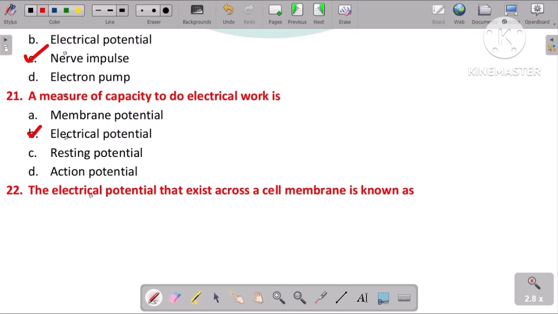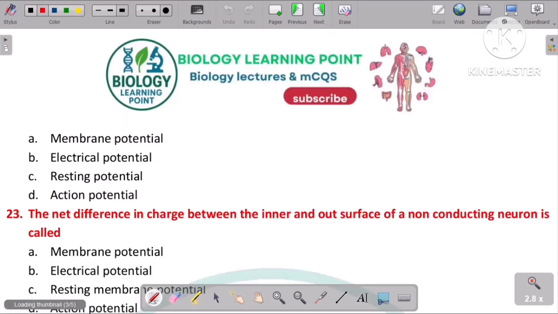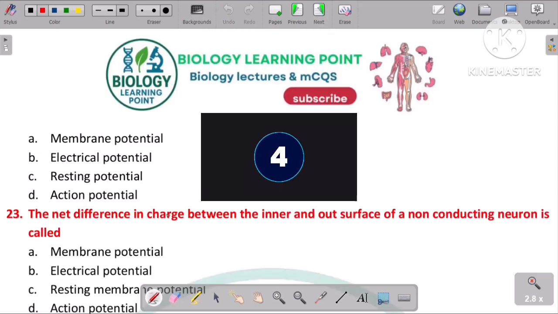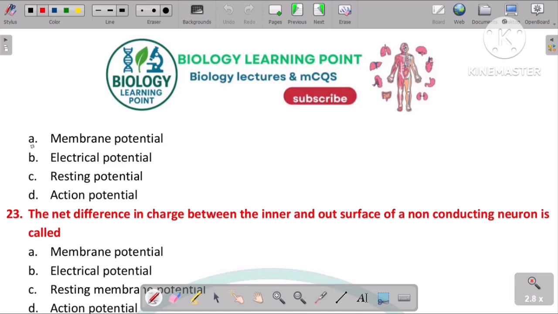So the next question is: the electrical potential that exists across a cell membrane is known as... So the right option is option A, membrane potential.